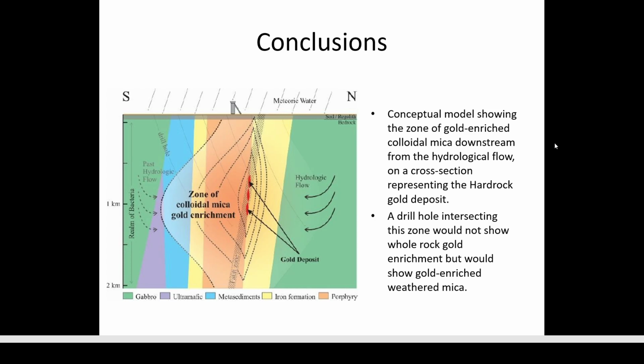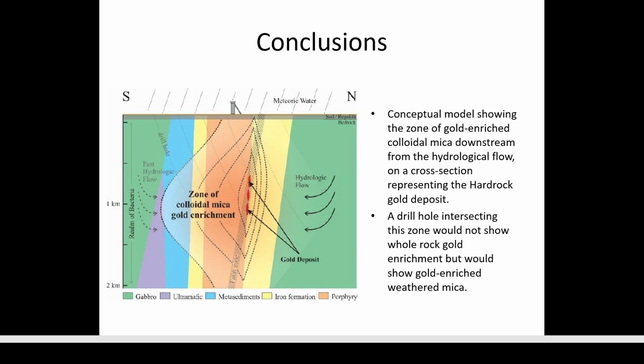If we were to take drill holes and drill them down, we might not hit the actual gold enrichment zone or where the gold ore is. But it's possible that we could hit this zone of colloidal mica gold enrichment, and then we could use the hydrological flow to trace back this remobilization to where the actual high grade gold deposit is.